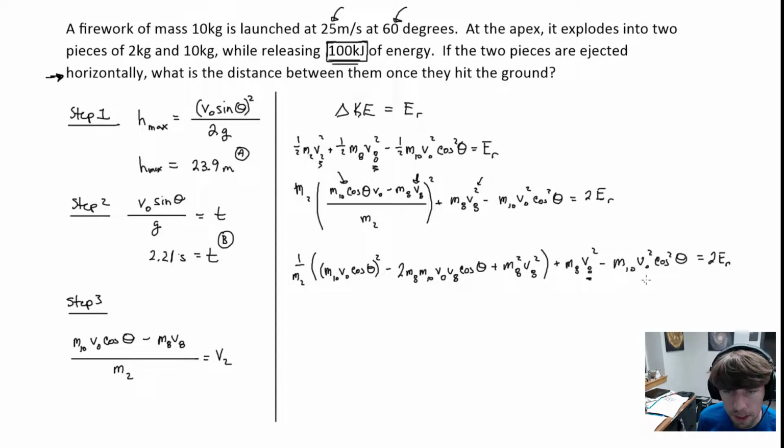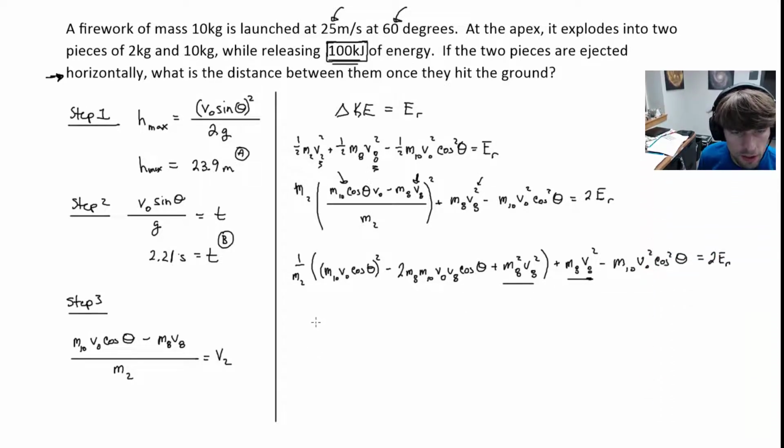Let's get the squared terms by themselves. So I see that I have one squared term here and one there. So I have something that says v8 squared times the quantity m8 plus m8 squared over m2.